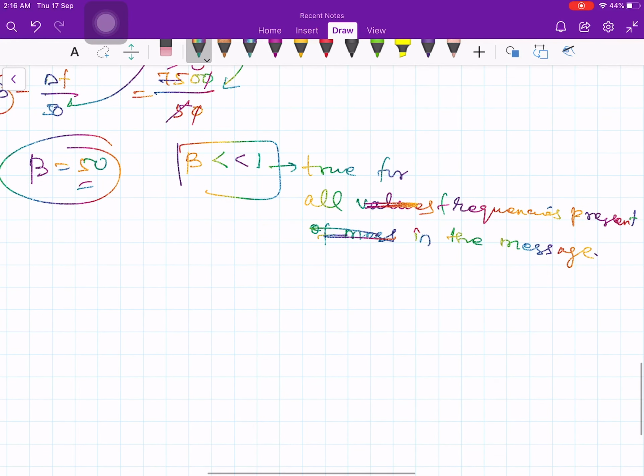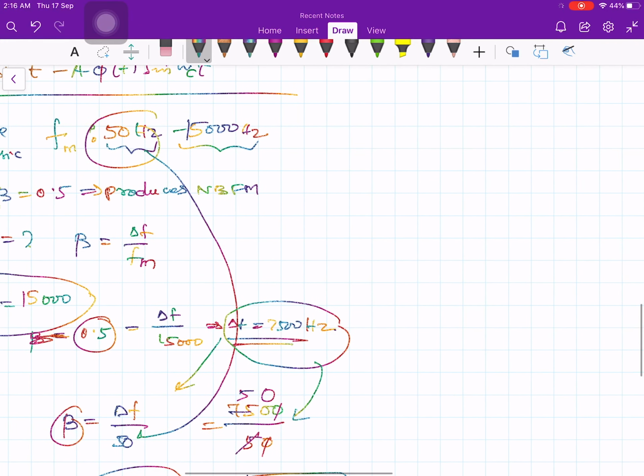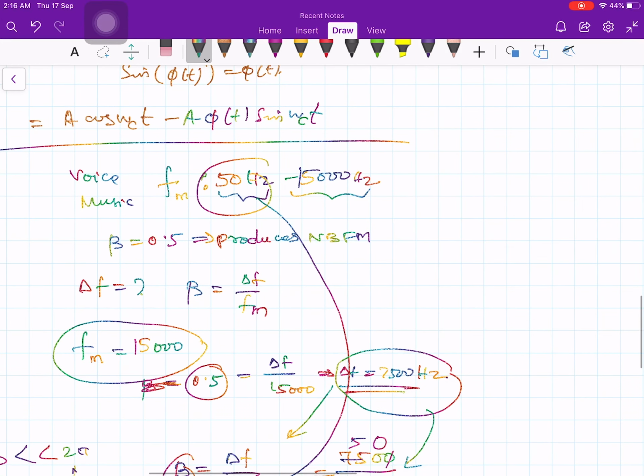But on the other hand, for the sake of argument, let us take the lowest value. FM is equal to 50 Hz and beta is 0.5 given. Now what is your delta f? Delta f is equal to beta times FM. So in this case it is 25 Hz.